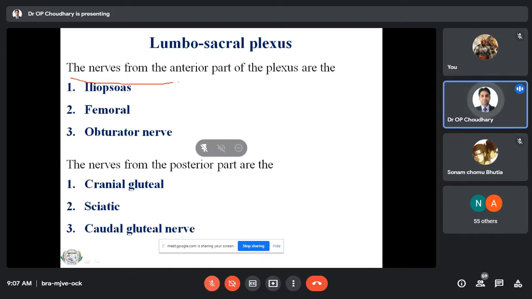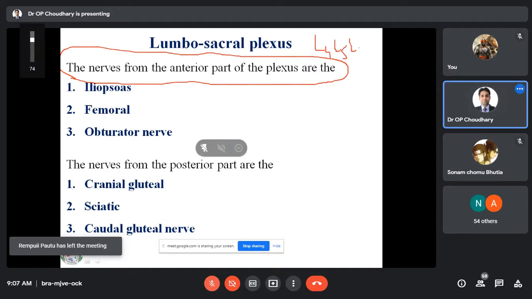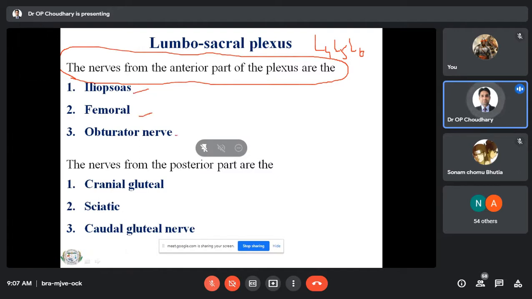Then the nerves from the anterior part of the plexus are very, very important. From the anterior part, that is L4, 5, and 6, the nerves are the iliopsoas, femoral, and obturator. Okay, IOF, you have to recall it: iliopsoas, femoral and obturator nerve.